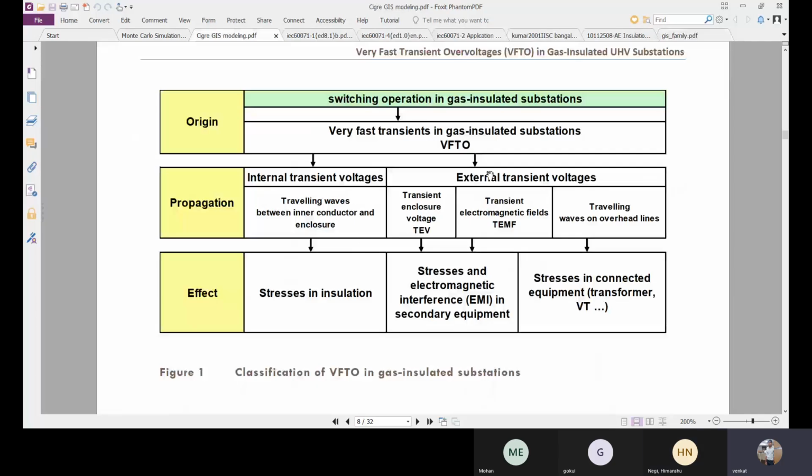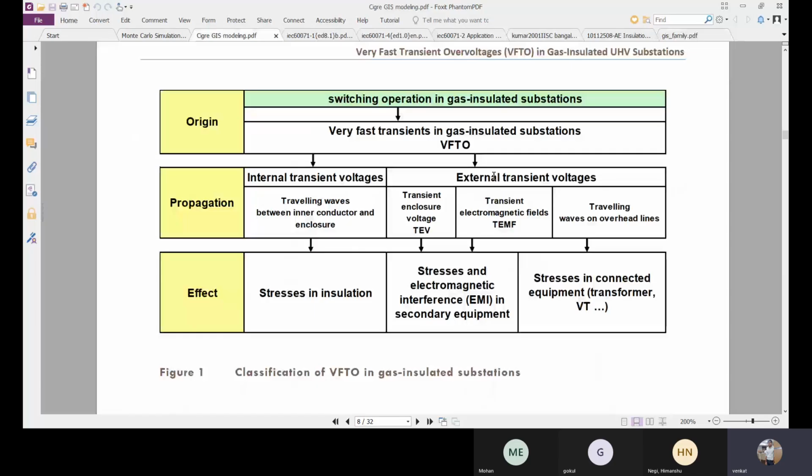The other part is, we have a GIS, a gas substation, and the gas substation will be connecting to an air substation. When the transformer is outside, they will connect it from the GIS to the AIS part, the outdoor part.